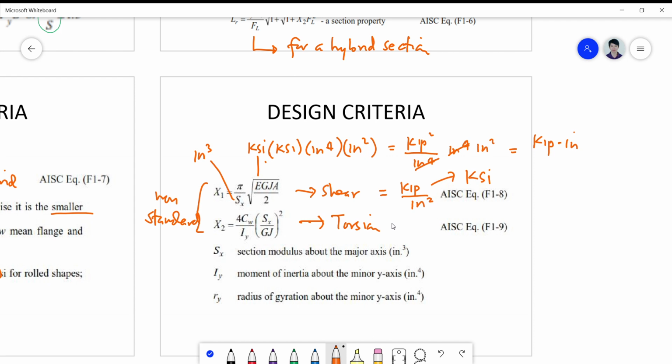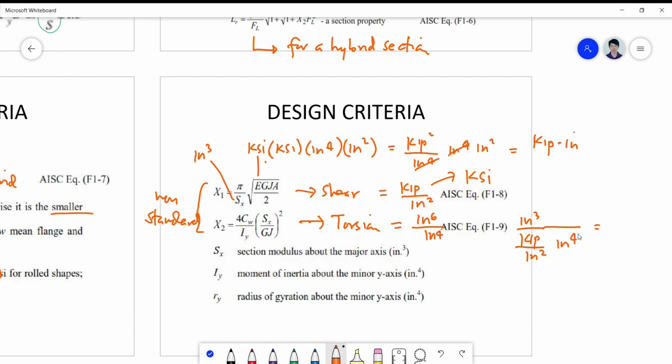While x2 is equivalent. This CW is in inch to the 6, I think, and this is inch to the 4th. Then I multiply it by inch cube over K. G is a KSI inch cube. So this is kip per inch squared, then inch to the 4th.